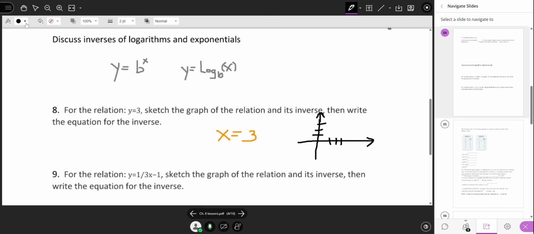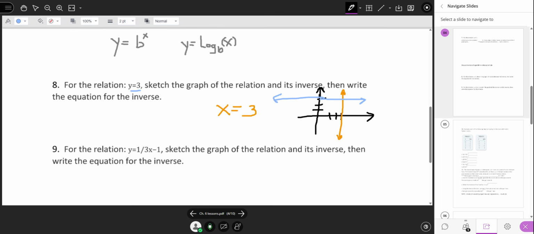So x equals 3 is a vertical line that stands up. Y equals 3 is a line that lays down. Now, sketch this graph and its inverse.